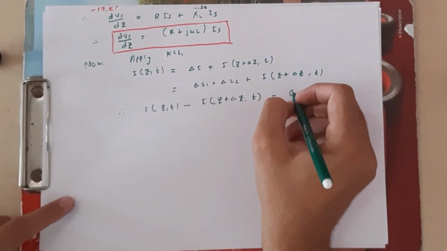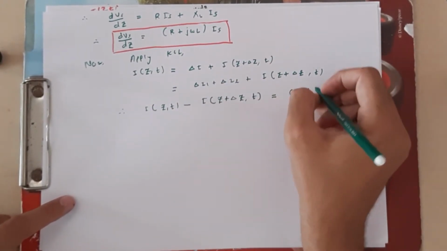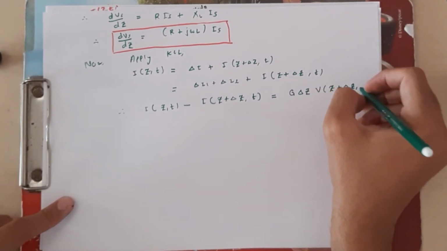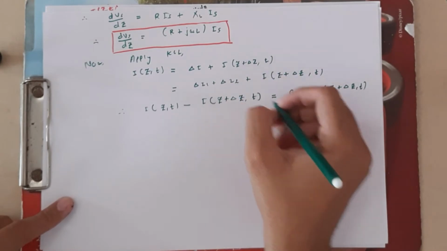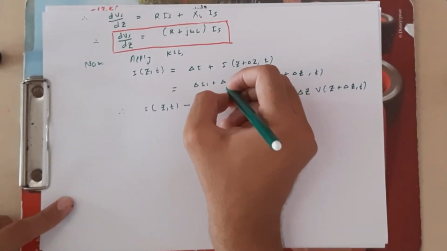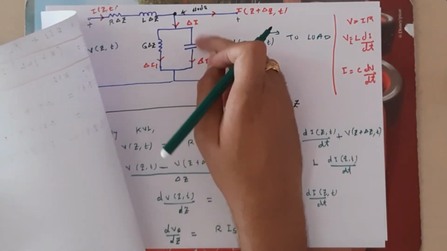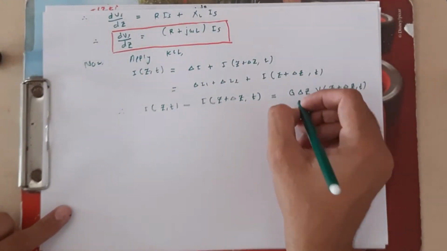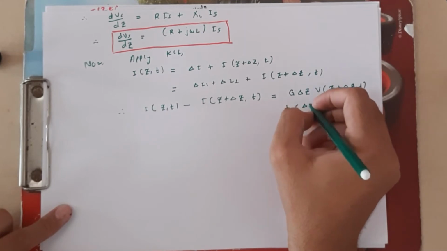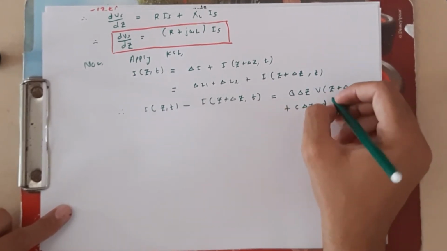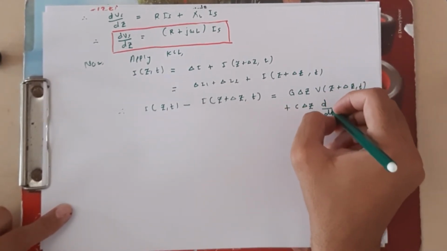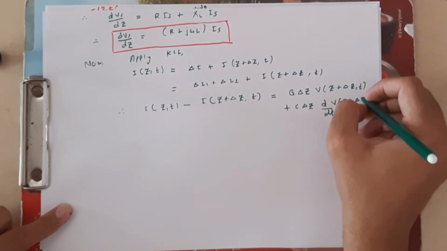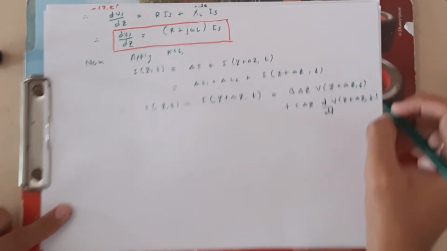Delta I1 is G delta z V of z plus delta z, t. And what is delta I2? Delta I2 means the current which flows through the capacitor. So we have to use this equation, C dV by dt. So this is C delta z dV by dt, but which voltage? V of z plus delta z comma t.